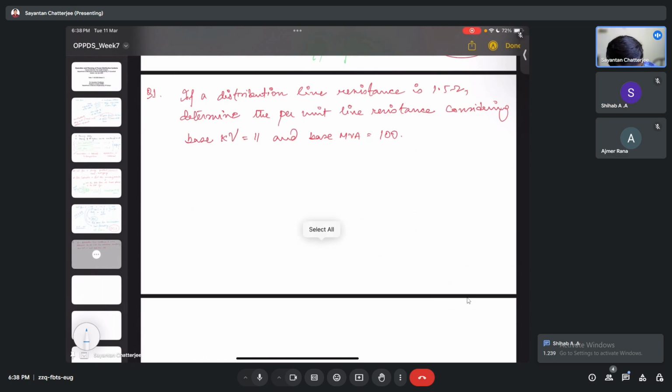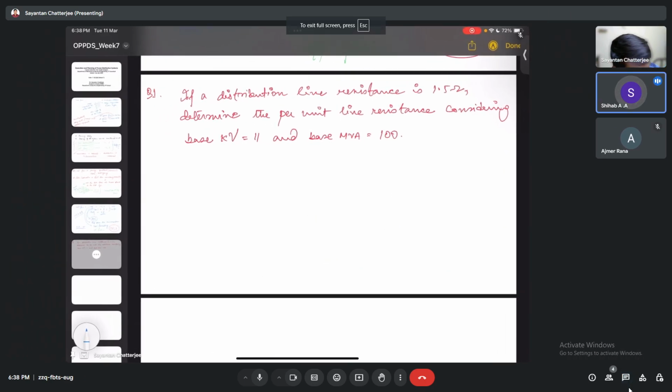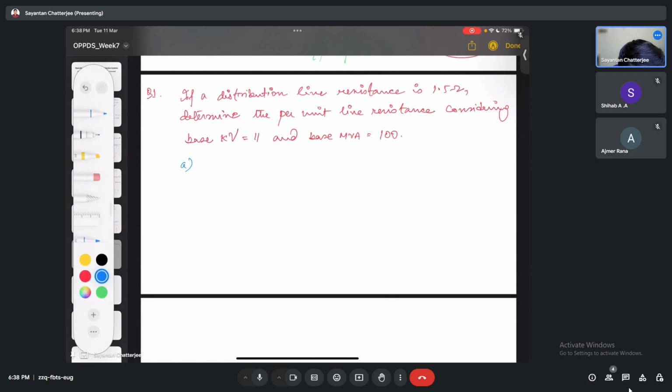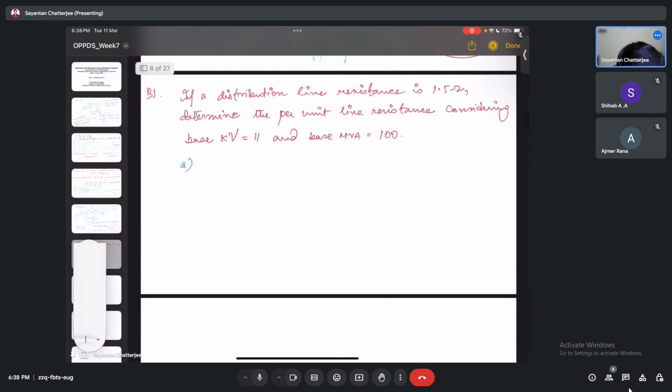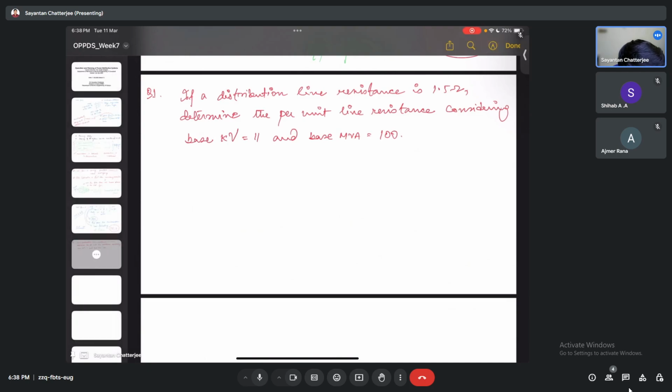Okay, there are some options. 1.239 is the correct answer, but I forgot to give the options. Yes, 1.24 is the correct answer. I'll just write the options because later on you can access the PDF.